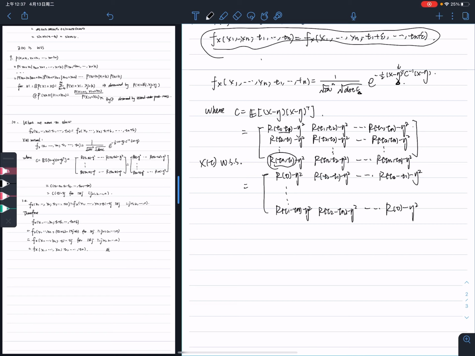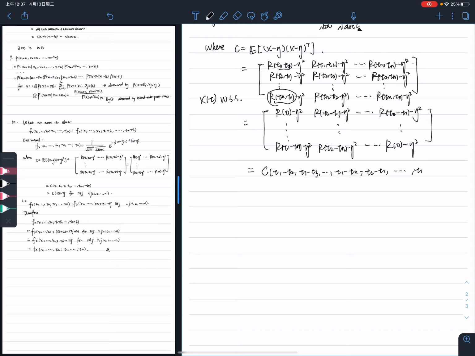So we know that the covariance matrix is only determined by the differences between different times. So it should be C(t1 minus t2, t1 minus t3, and so on up to t1 minus tn), then t2 minus t1 up to tn minus t2, and so on until t(n-1) minus tn.